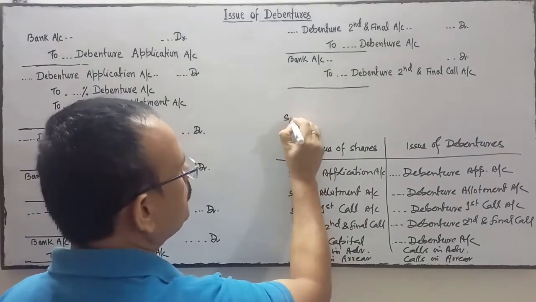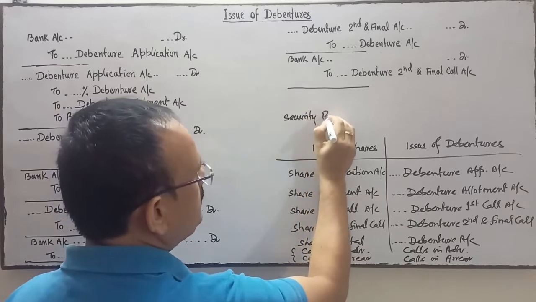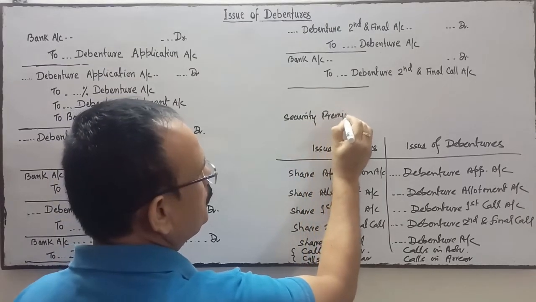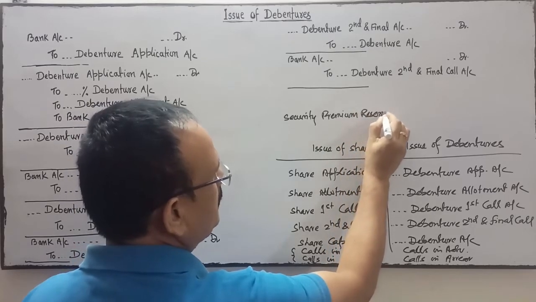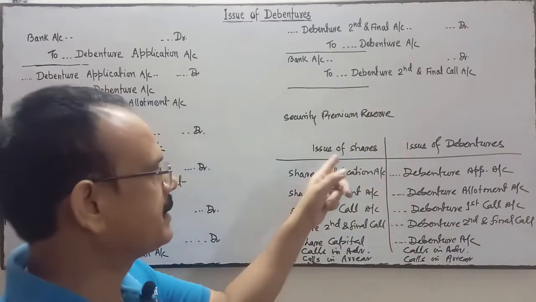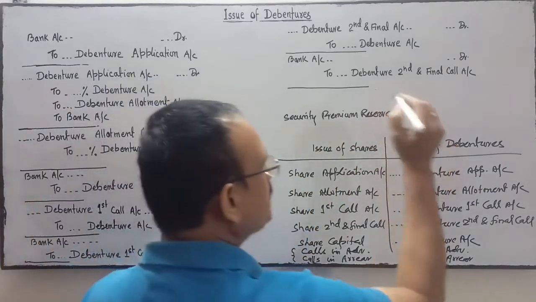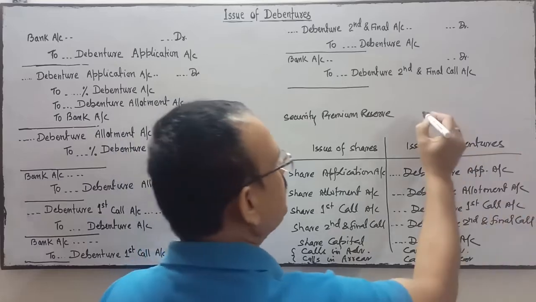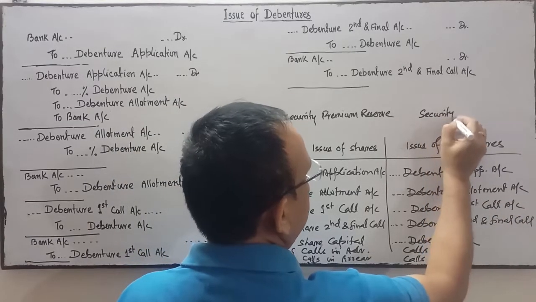is securities premium reserve. When the shares are issued at a premium, we use the words securities premium reserve. When the debentures are issued at a premium, the same words will be used, securities premium reserve.